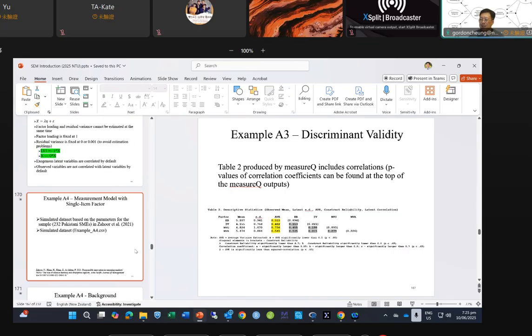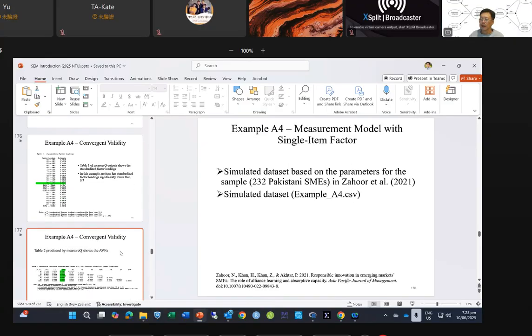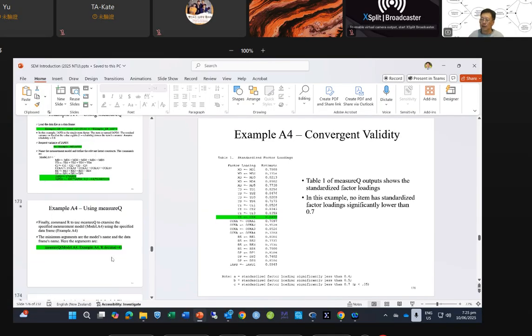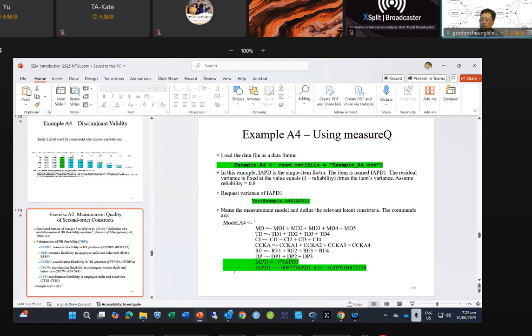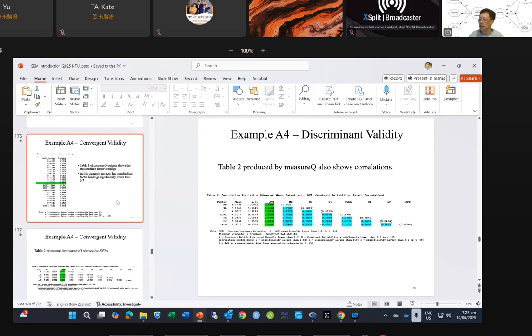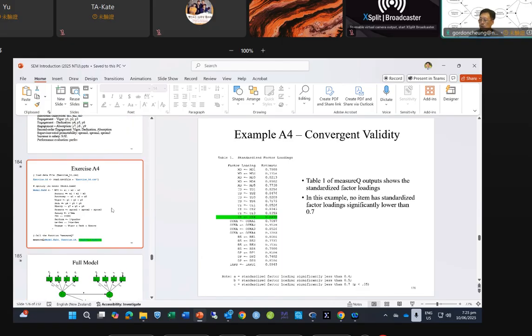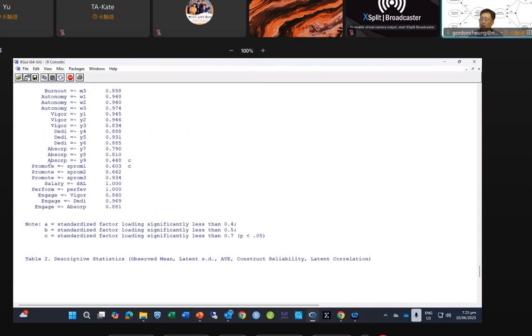One more point. In our last exercise, Example A4, we find that there's one item of absorption that is bad. Y9 is bad. Then what can we do?